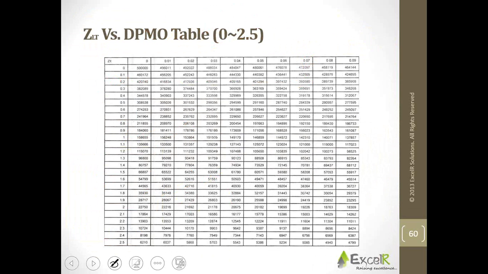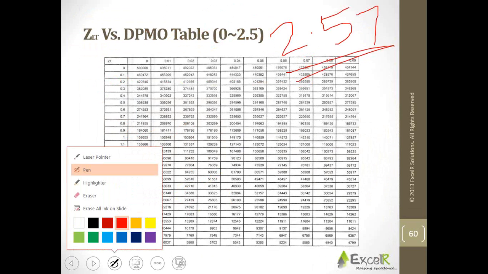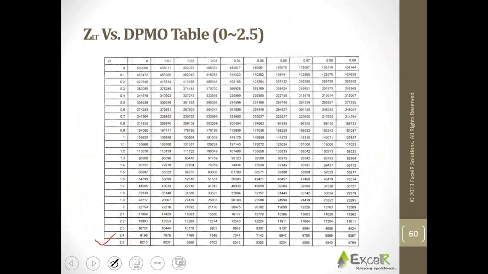So let me ask you another question. What if it is 2.57 Z value? Then how do I calculate the DPMO? Can you tell me what the DPMO is here? 2.5 is here. You want to calculate 2.57.